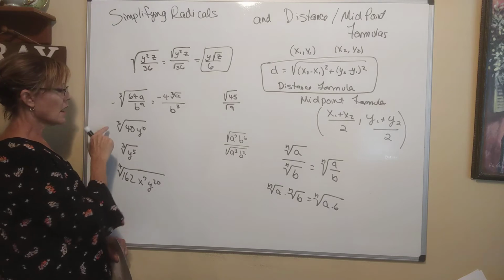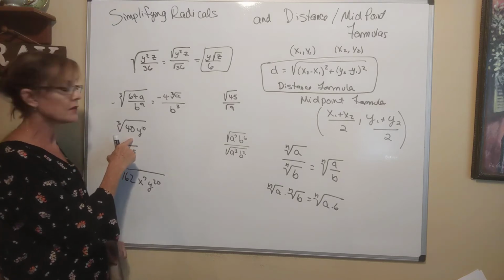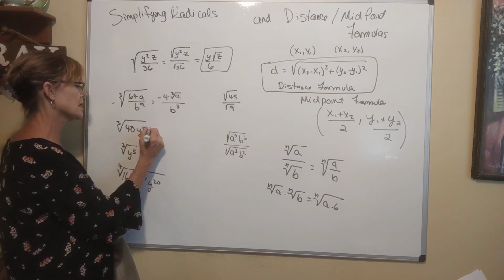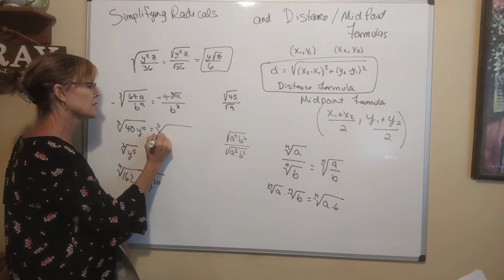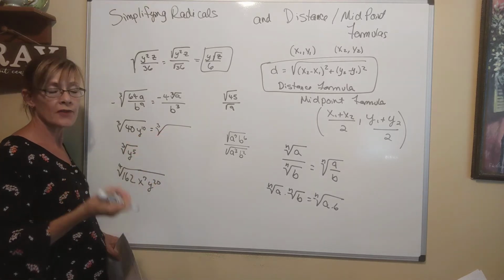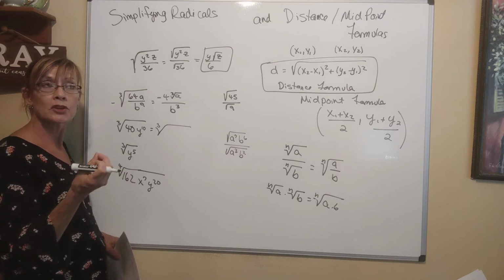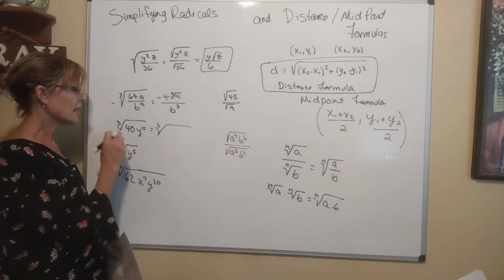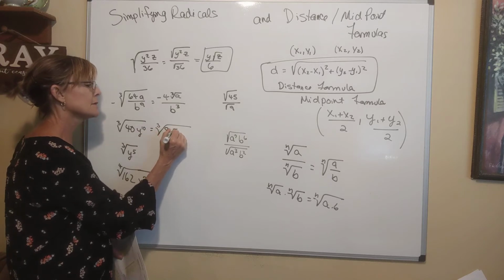Right here, what's the cube root of 40? It doesn't go in evenly, so we got a little work to do. So let's think about this. What is in a 40? Is there a number that you can take the cube root of that is a factor of 40? And there is. 8 is a perfect cube. The cube root of 8 is 2. And 8 is a factor of 40. So I'm going to rewrite 40 as 8 times 5.